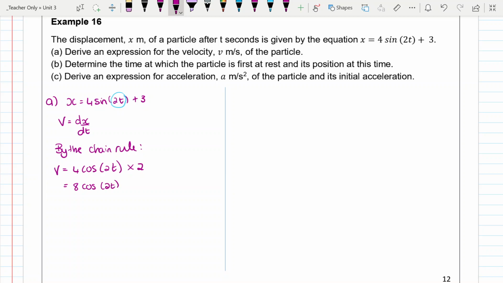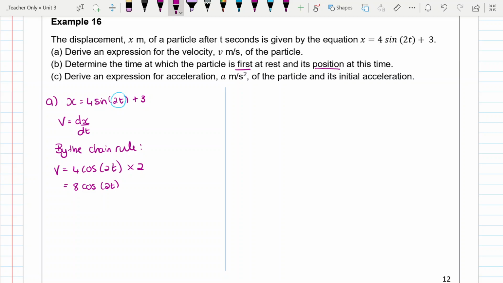2t. Alright, B says determine the time at which the particle is first at rest and its position at this time. So its position, we're talking about where it's located, and we want to know when it's first at rest.